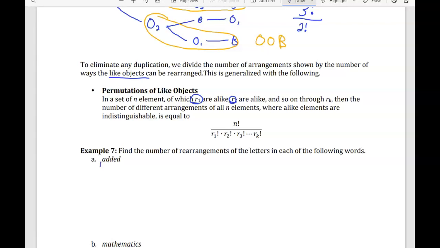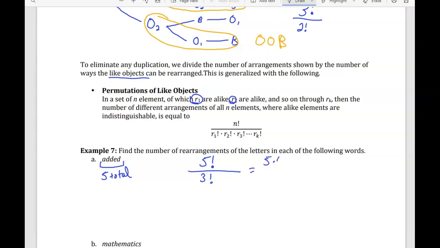So let's look at the word added. We have 1, 2, 3, 4, 5 total letters. So that's going to be 5 factorial. And then the letter D is repeated 3 times. None of the other letters are repeated, so I don't have to worry about those.